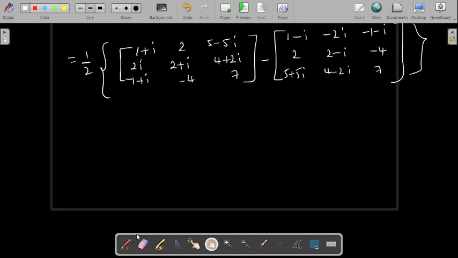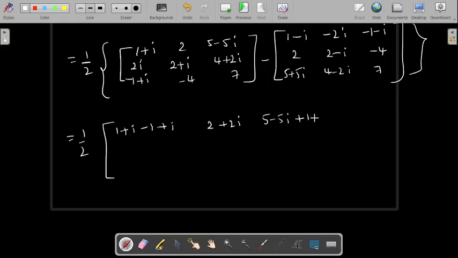Now subtracting, 1 by 2 times 1 plus I, minus 1, minus and minus plus I. This element 2 minus into minus plus 2I. Next 5 minus 5I, minus into minus plus 1 plus I. Next to 2I, minus 2, 2 plus I, minus 2 plus I. Next to 4 plus 2I, minus into minus plus 4.